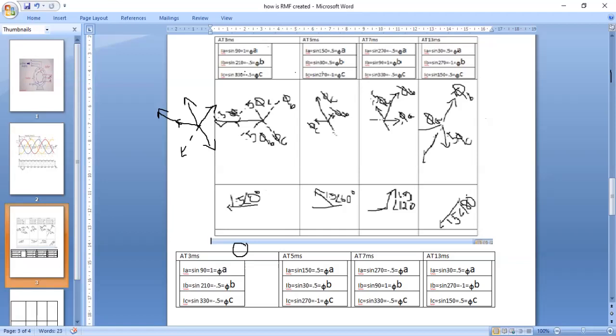So you can draw the vector of this as well. The vector has been drawn here. I would like to explain it to you.